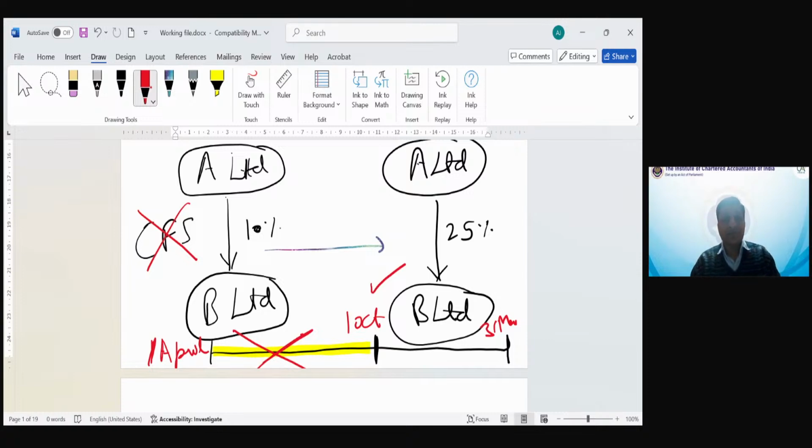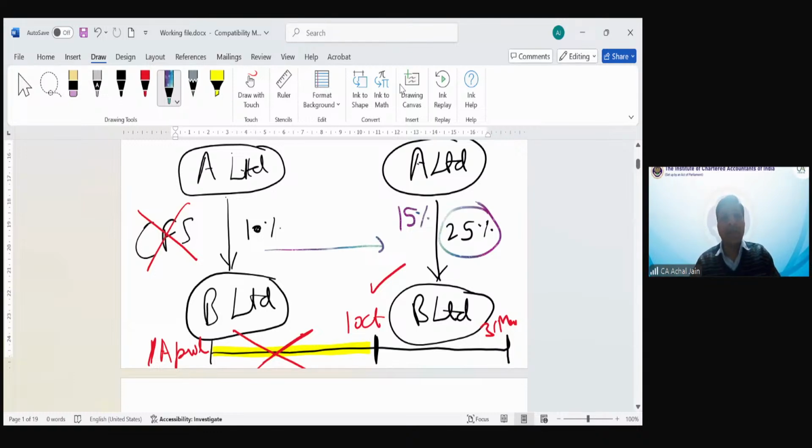But because you will have to consolidate, will you be only looking at the 15% stake, because this 15 has made the total 25? Or will you be considering 25% for consolidation?